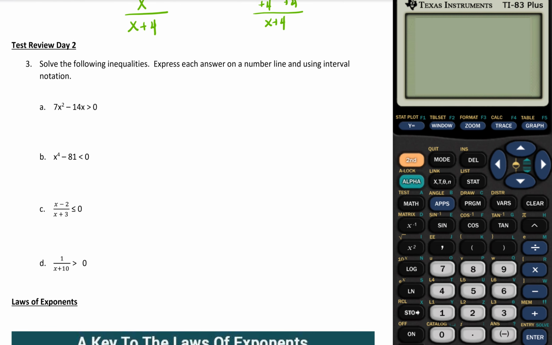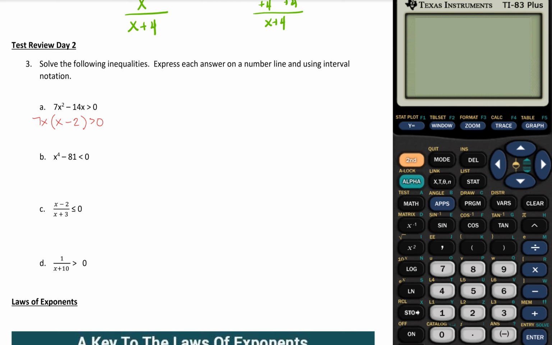All right, for question 3, we're going to solve the inequalities, and we're going to use the number line and interval notation. So, of course, first thing that we have to do is solve, right? I know I'm going to have to pull out a 7x that they both have in common, so that I'm left with x minus 2 greater than 0.